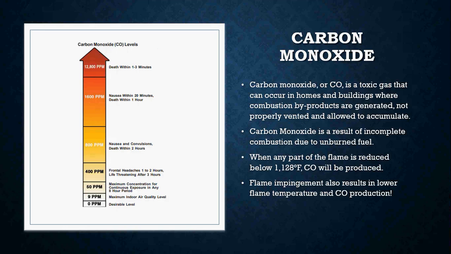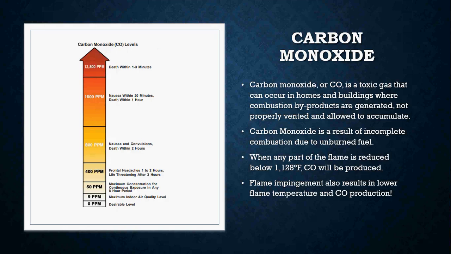Carbon monoxide is a result of incomplete combustion due to unburned fuel. When any part of the flame is reduced below 1,128 degrees, CO will be produced. Flame impingement also results in lower flame temperature and raises your CO potential.